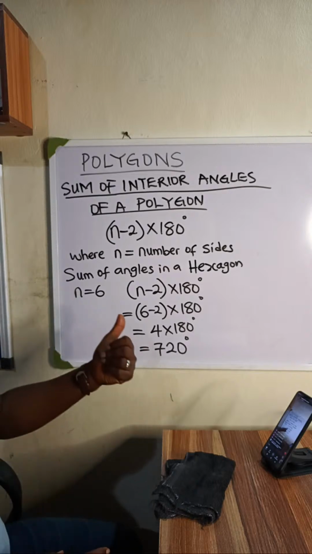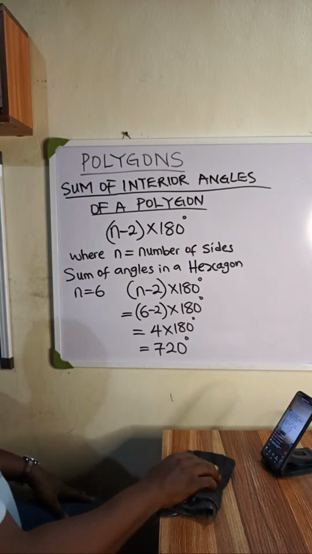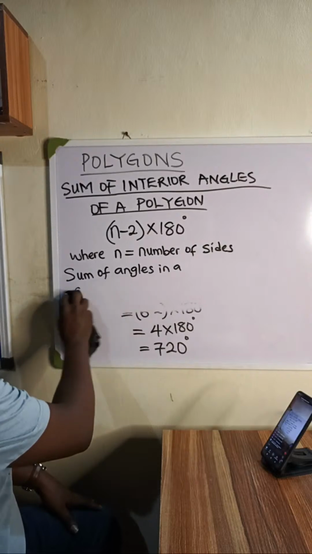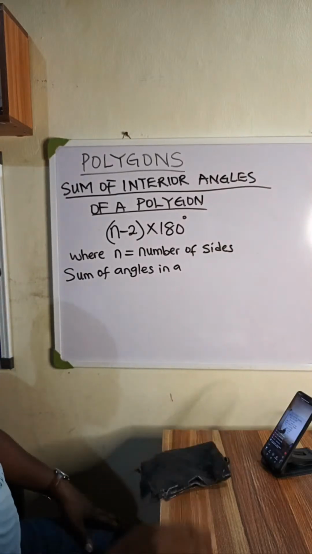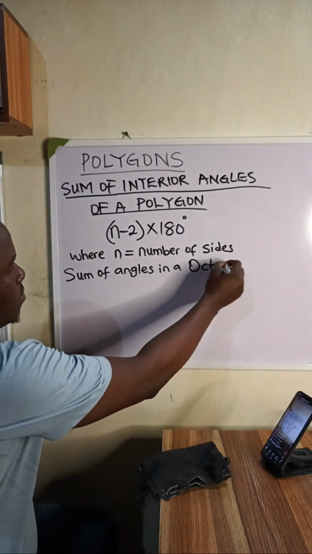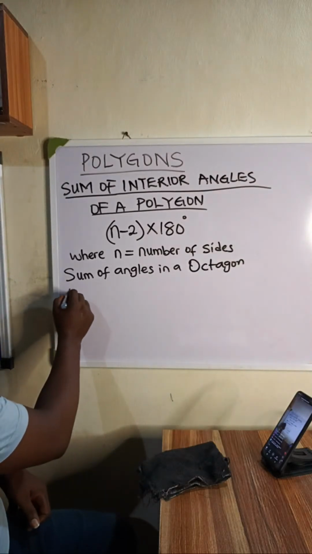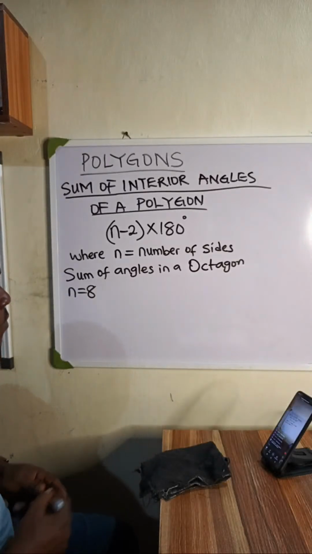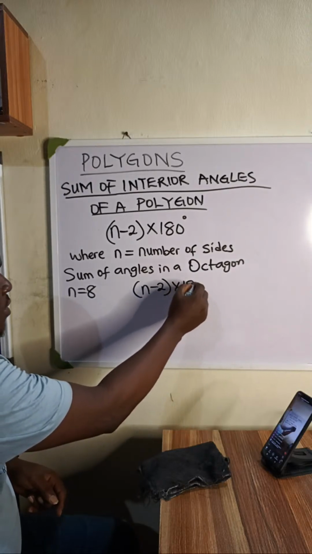Okay, so we skip heptagon. Let's go to octagon. Sum of angles in an octagon. We know that the number of sides of an octagon is 8, so we are replacing n with 8. n minus 2 times 180 degrees.